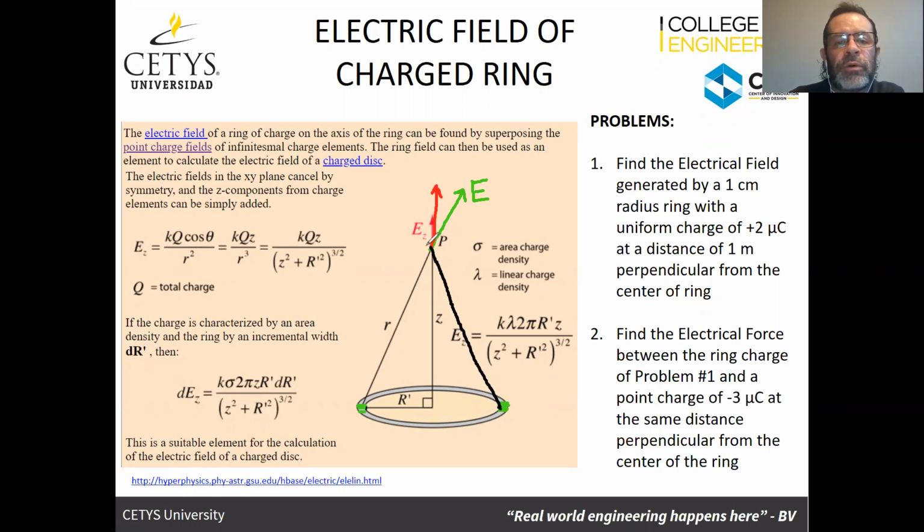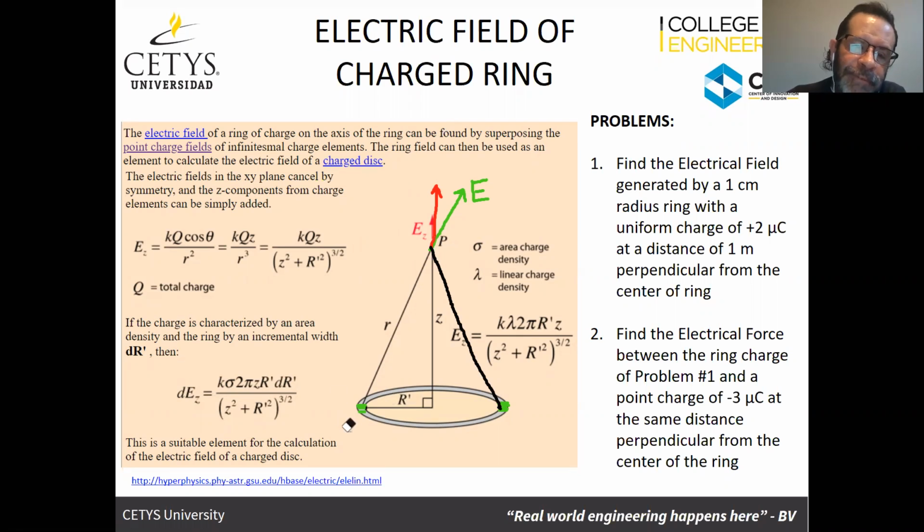This would also contribute an electrical field going this way. And the horizontal components of these electrical fields would cancel out. And the only electrical fields that are contributing are the ones that are going outwards. And so this is the one we're considering.